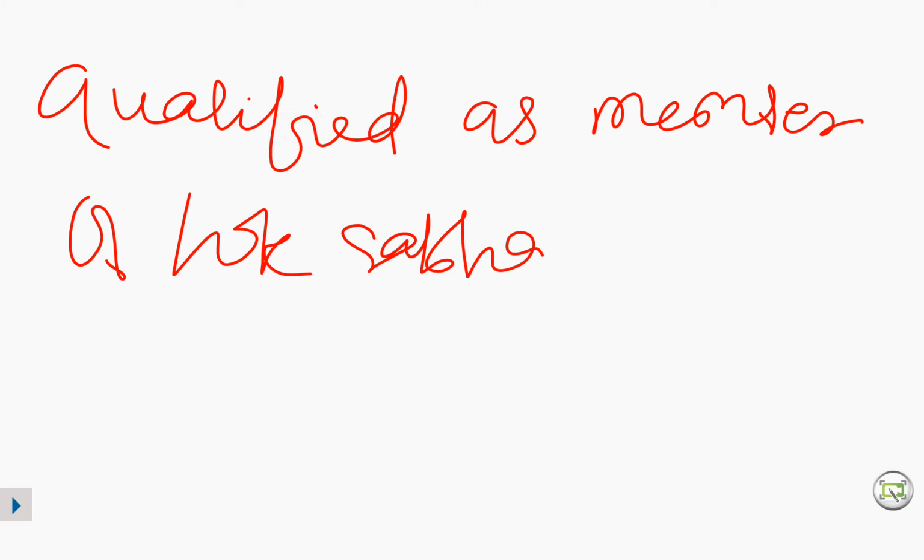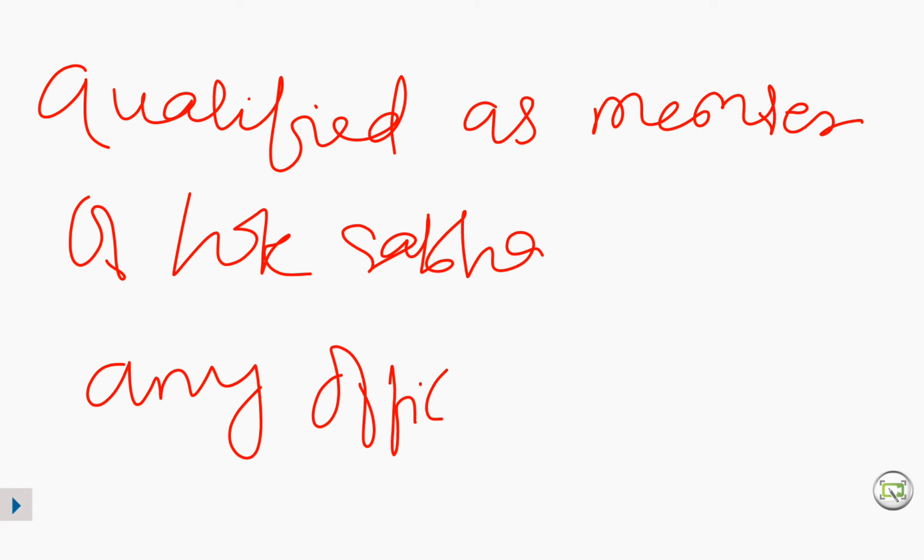There are some criteria, which you have learned in the first chapter of your civics, for how a person is eligible to be a member of Lok Sabha. Okay, next. A person should not be eligible for election if he holds any office of profit.